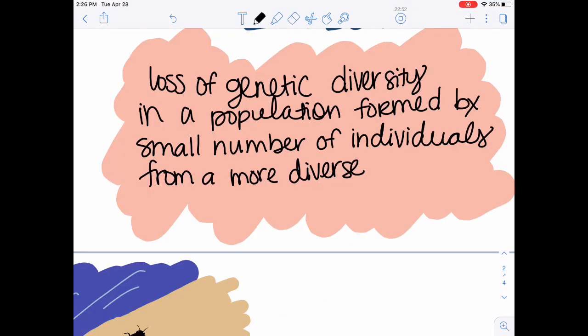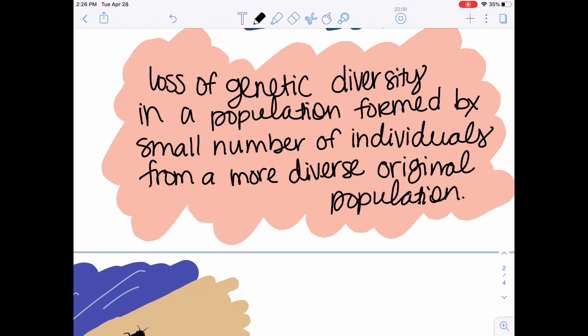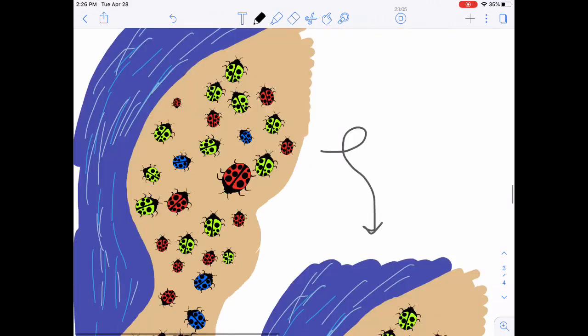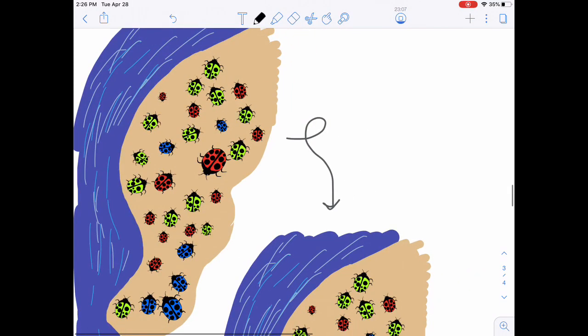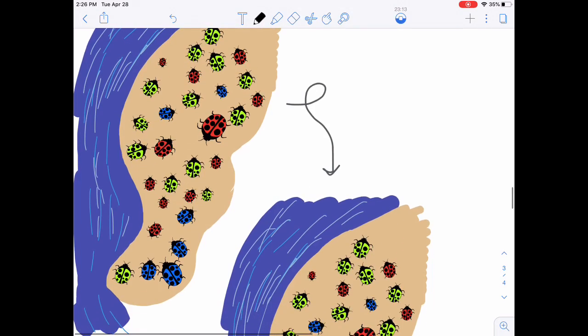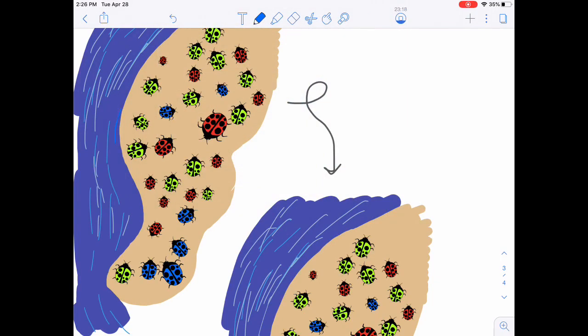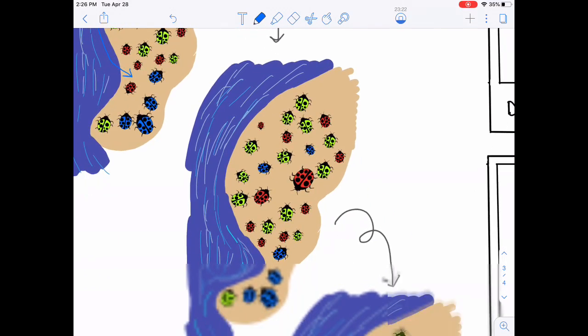All right, for the example of a whole bunch of ladybugs, we'll call them ladybugs, green, red, blue, all sorts of ladybugs, over time, our river starts to do some erosion. It's washing away the shore, so much so that it creates a brand new island, so it's no longer connected.